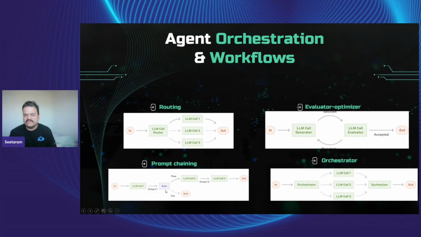The output of one call is given to the next call. Here, the LLM1 output is sent to LLM2, and the LLM2 output is sent to LLM3. This is where you are chaining the response until you reach the desired outcome.